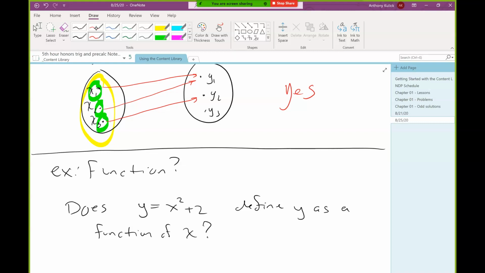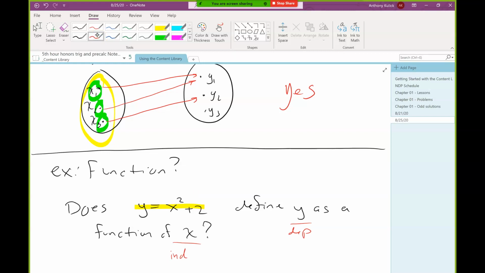Very good. In this case, a function of x, x is the independent one, and y is the dependent one. So the way we've written our equation is in that standard form where the dependent variable is all by itself and the independent variable is all on the other side, right?